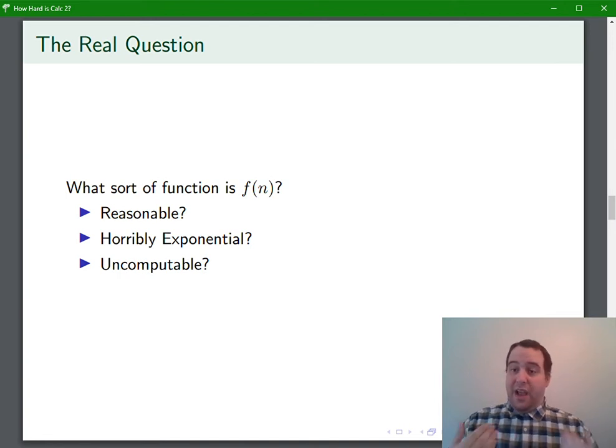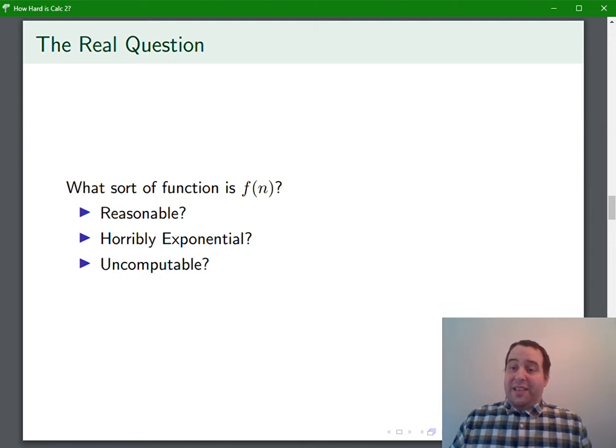If f of n is some nice, reasonable function, then this is actually a really practical way of implementing this on a computer, right? You can actually list out all of the formulas of a particular complexity and then just check all of them. But it could be the case that f of n is some horrible function, but computable, in which case it's not really practical from a practical computing perspective, but at least it gives us an algorithm in the mathematical sense of this being a computable problem, but not practically computable.